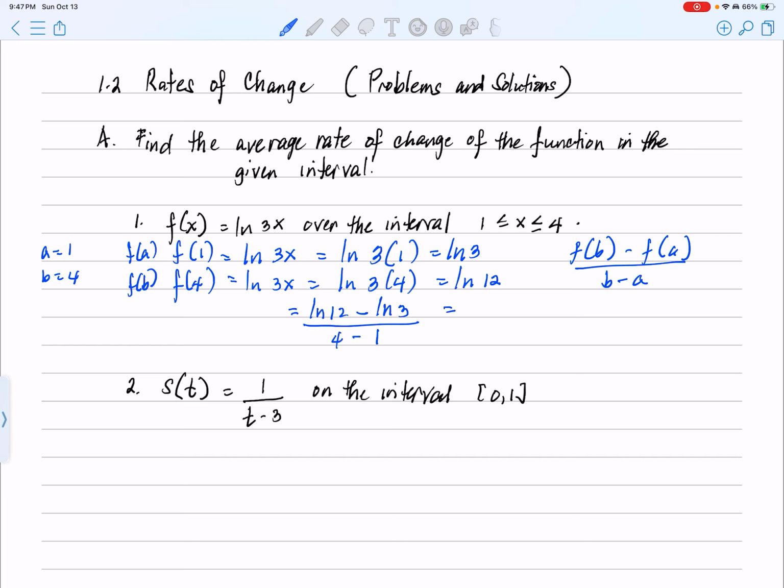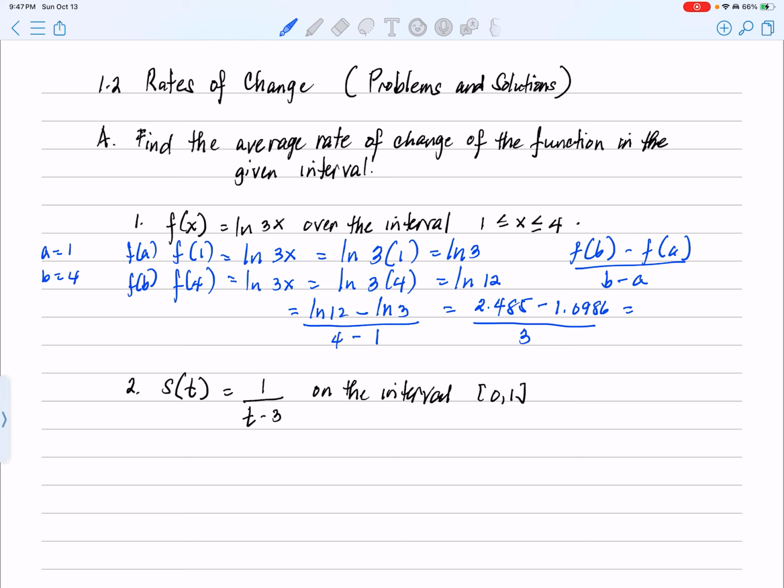Using your calculator, the natural log of 12 is 2.485, minus the natural log of 3, which is 1.0986, over 4 minus 1, that is equal to 3.